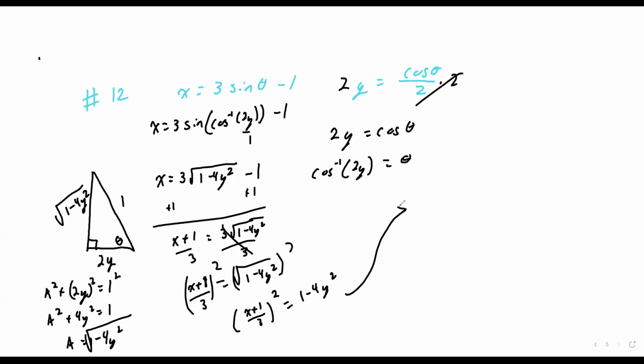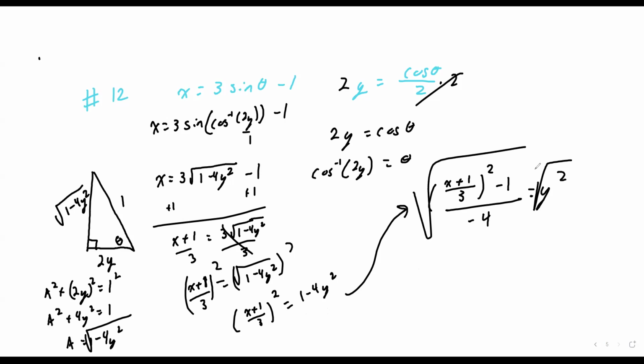And then running out of room. So I'll then take this answer, x plus 1 over 3 squared minus 1, divide that by negative 4. So I subtracted the 1 and divided by negative 4. And then now I'm going to take the square root. So your final answer would be plus or minus this guy right here.